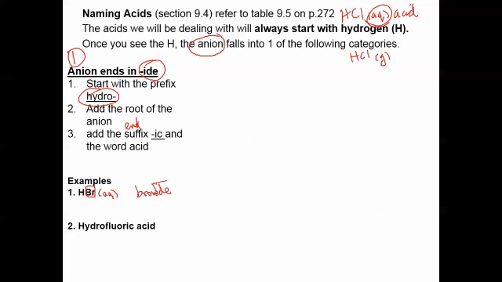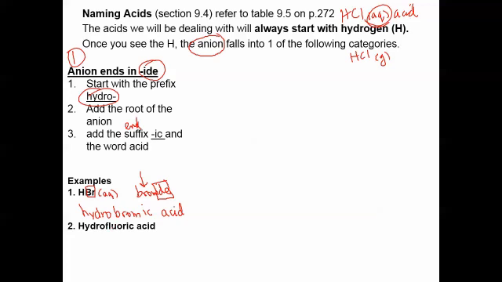Again, it ends in -ide. Once I see that, to name this, because I have the formula, I'm going to follow my steps. Step one, I'm going to add the prefix hydro. I'm going to add the root. The root is what's left over before the -ide. In this case, it is BROM. Throw on the ending -ic, and then the word acid. So this is hydrobromic acid.